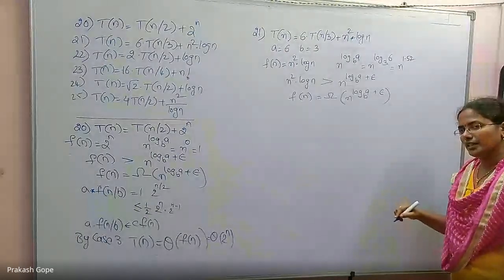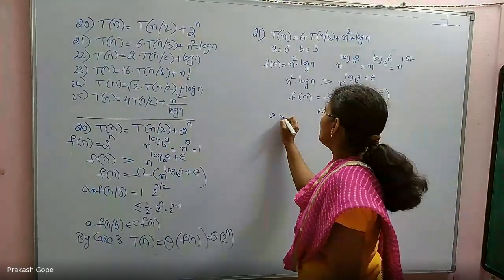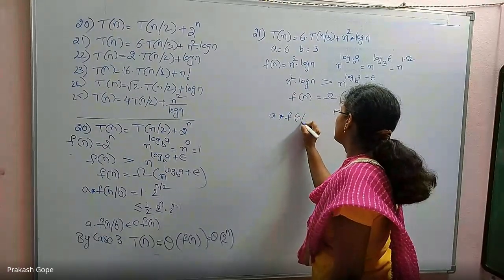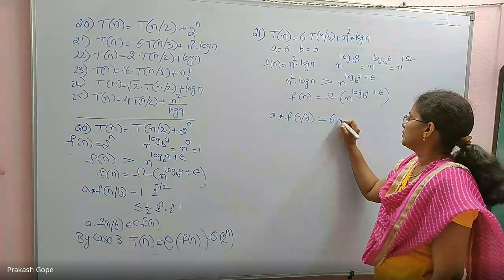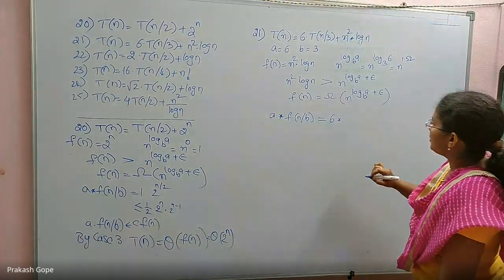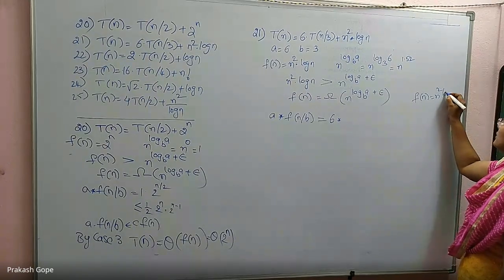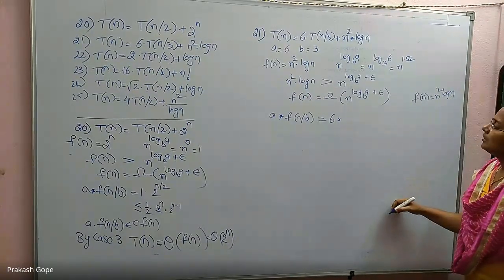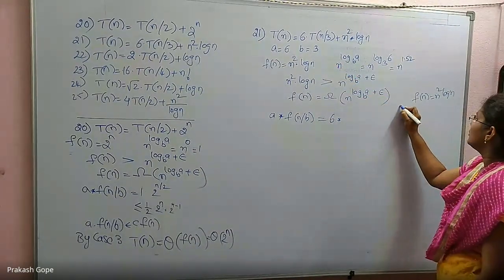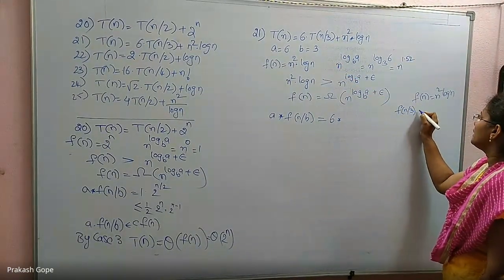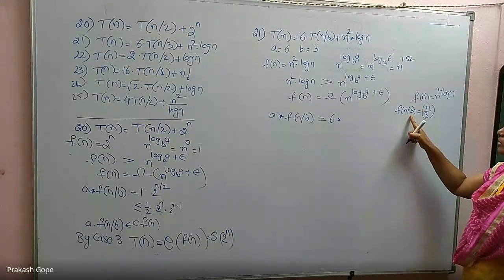But if it is case 3, one more condition needs to be tested. That is a into f of n by b. What is a into f of n by b? A is 6. But what is f of n by b? F of n is n square log n, by b, which means n by 3. Wherever you have n, you need to substitute n by 3.